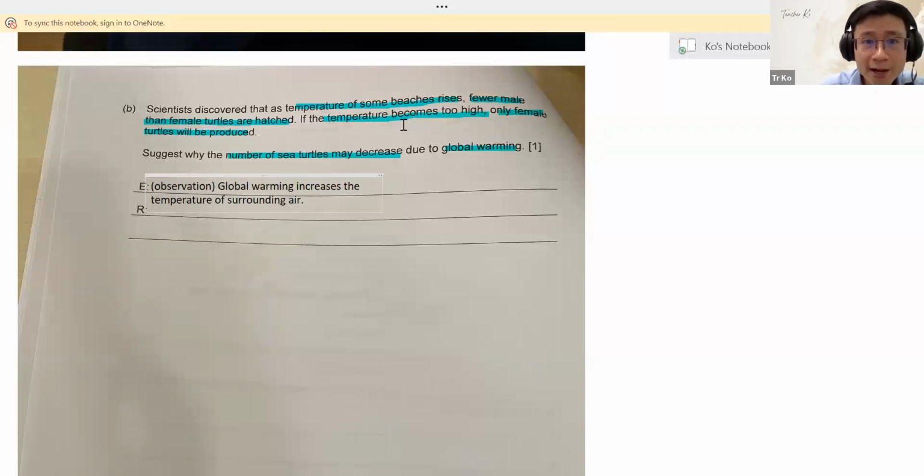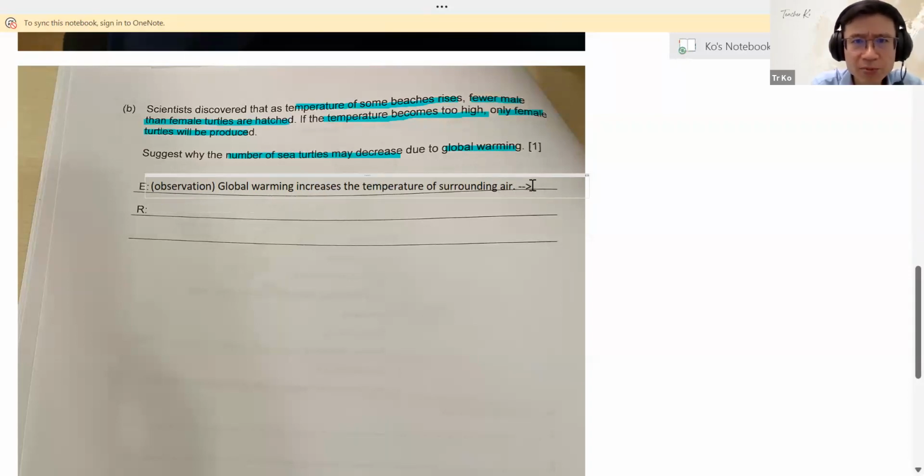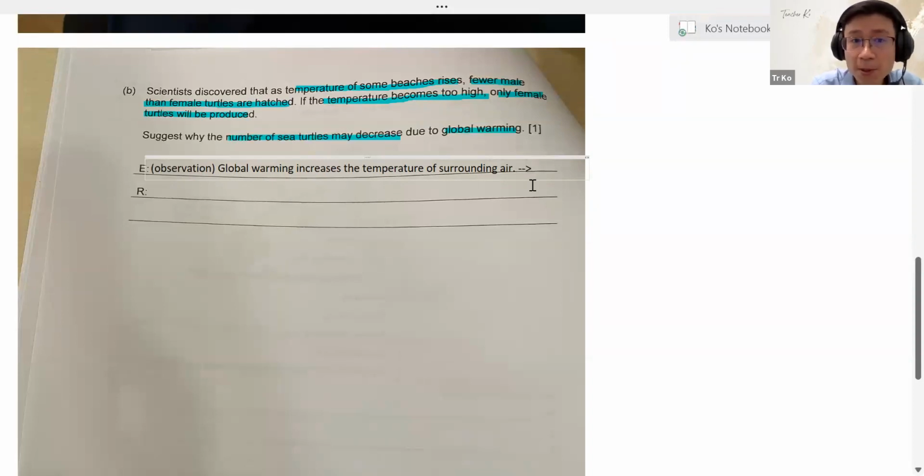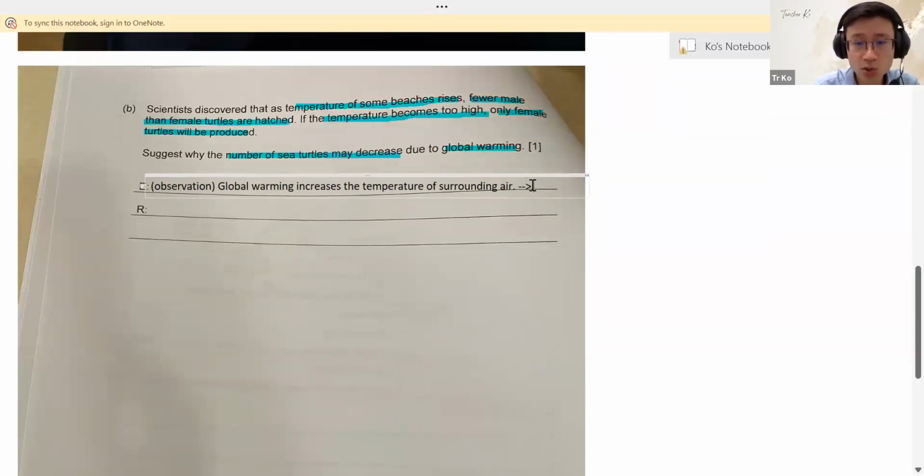Okay, so when the temperature increases the surrounding air, what can I infer? I can infer, oh, if it becomes too high, so there'll be less turtles, female being hatched, right? So there are less female turtles being hatched. So when there are less female turtles being hatched, how does this lead to the decrease in number of sea turtles, right?